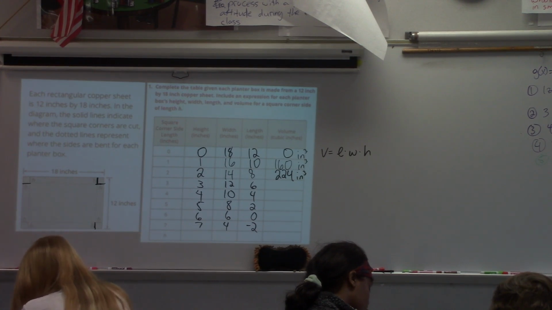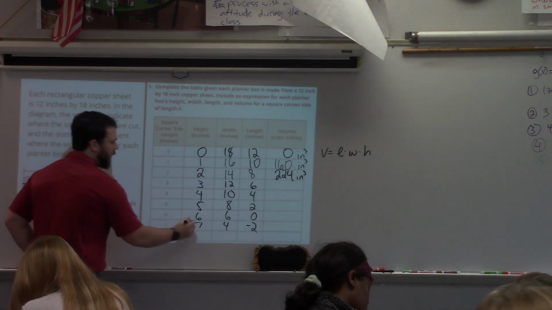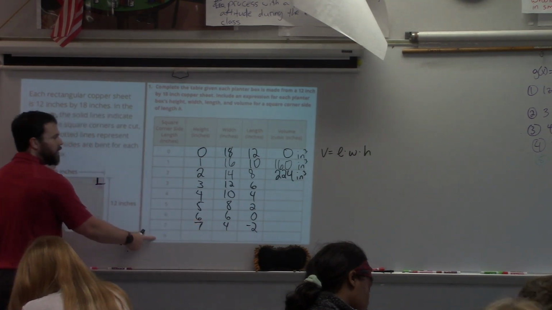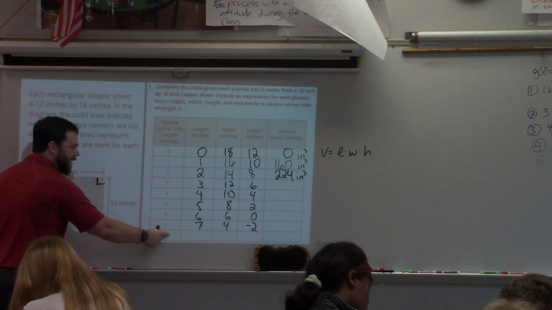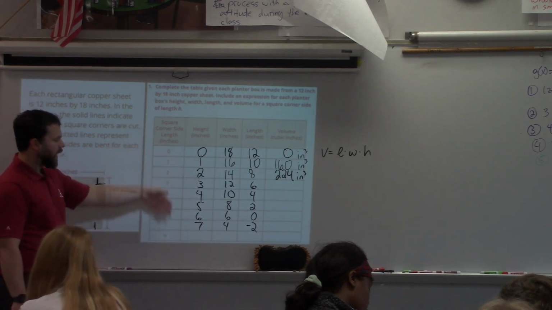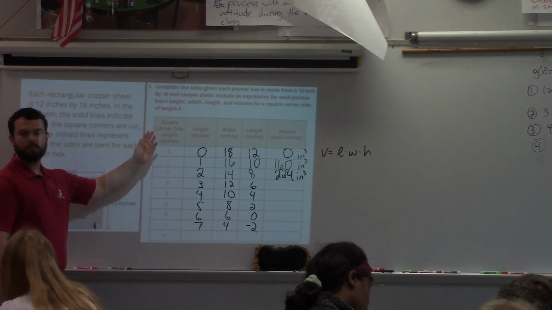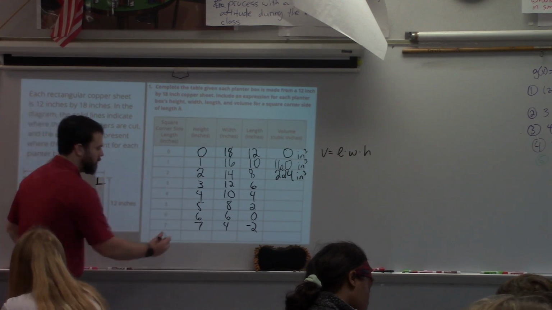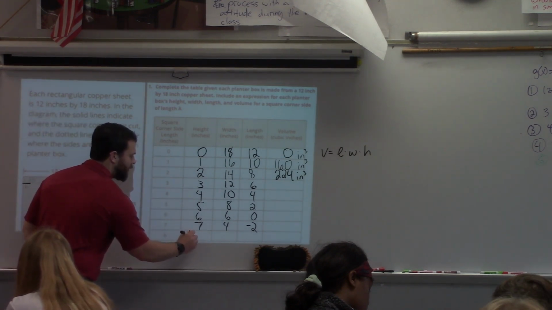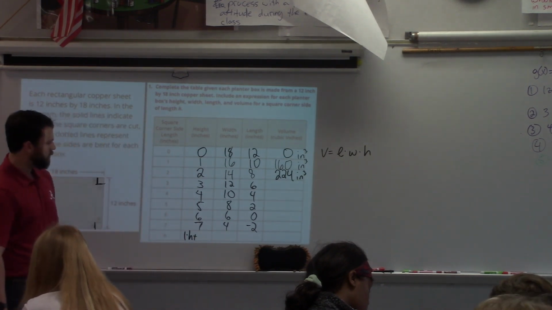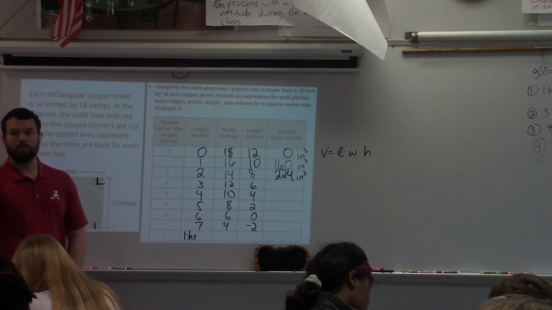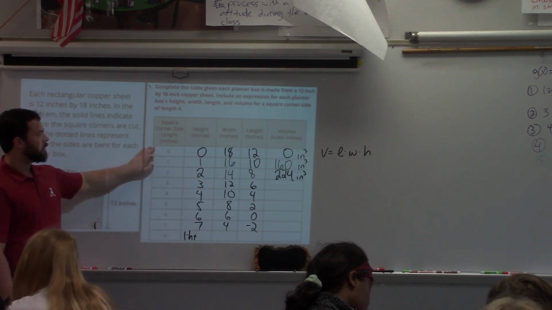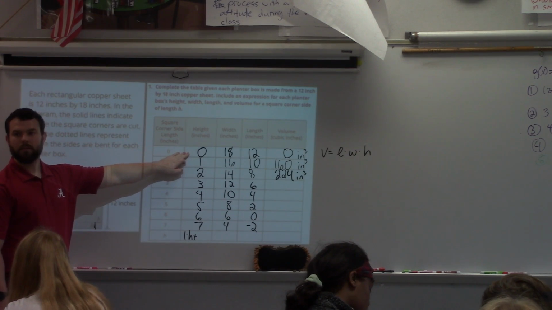And so when I think about the fact that this is linear, and I look at my height for the volume, or for a square of size h, what is the height? Well, the slope is what? 1. So 1 times h. What's the y-intercept? Not for the width.